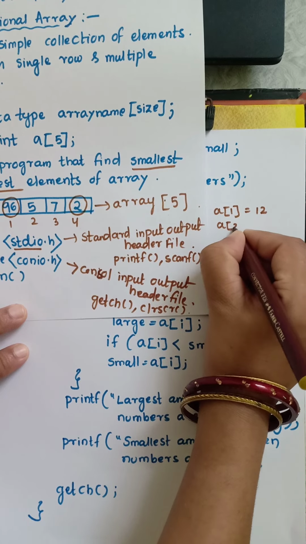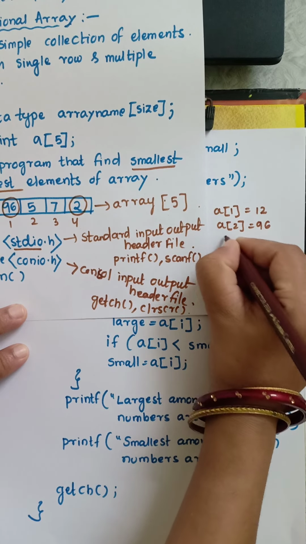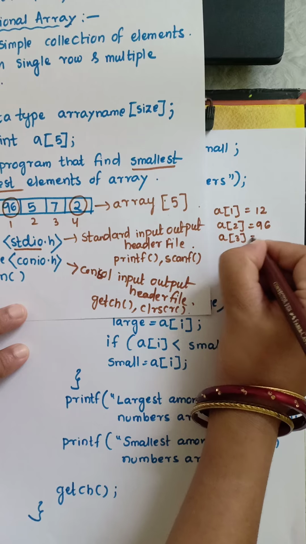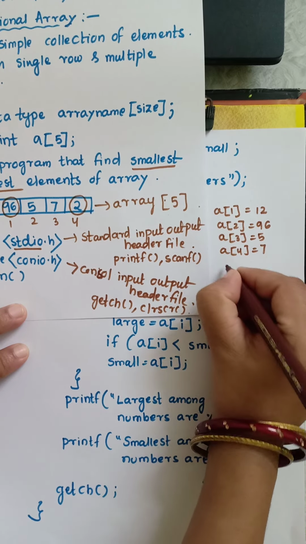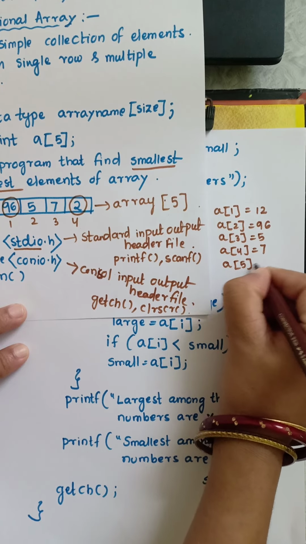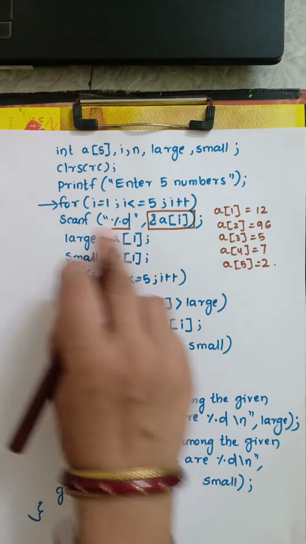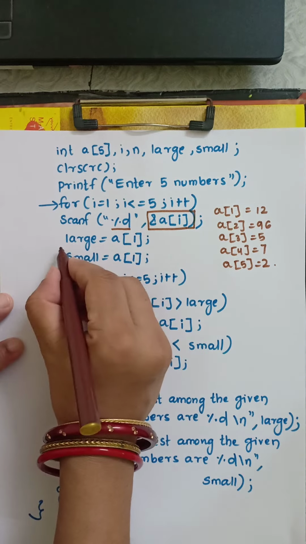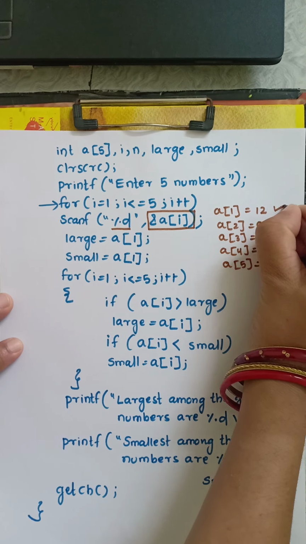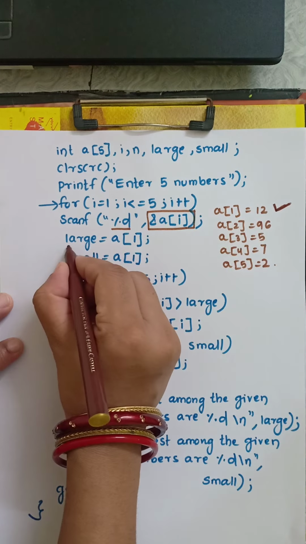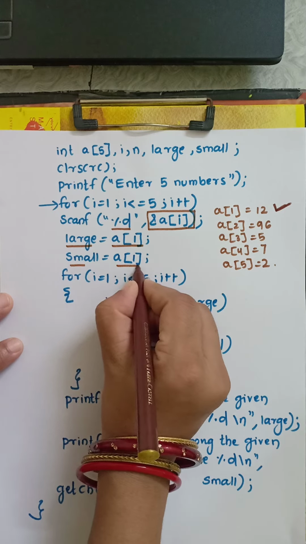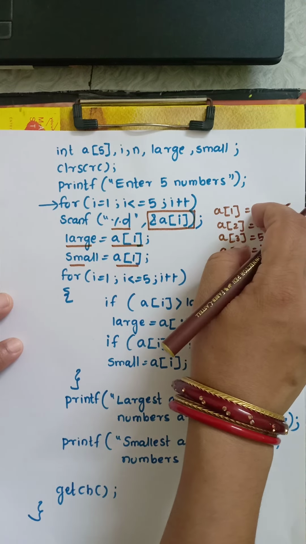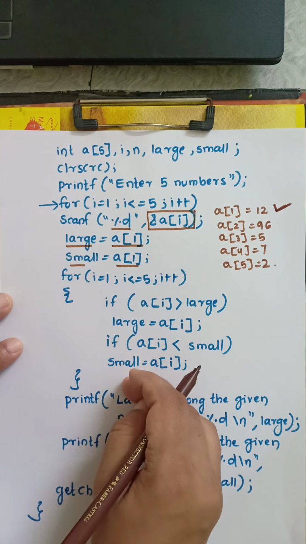Okay, then a2 is 96, then a3 is 5, then a4 equals 7, then a5 equals 2. Okay, so all the values we enter in this place. Next, first I initialize the first value. Okay, if my first one is larger, then first I initialize large equals a1 and small equals a1. If this one is small, or if this one is large, then these loops are not executed.